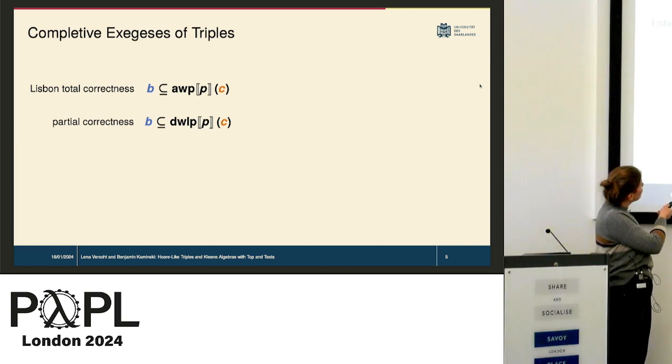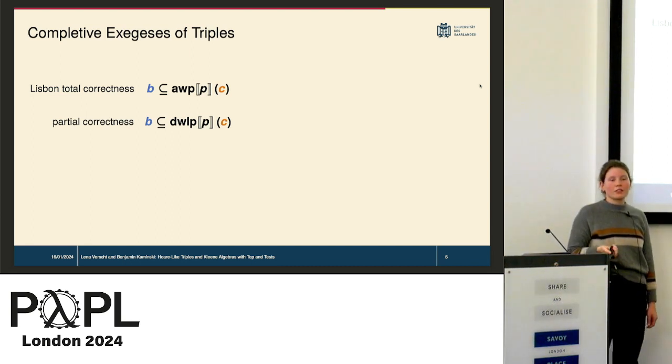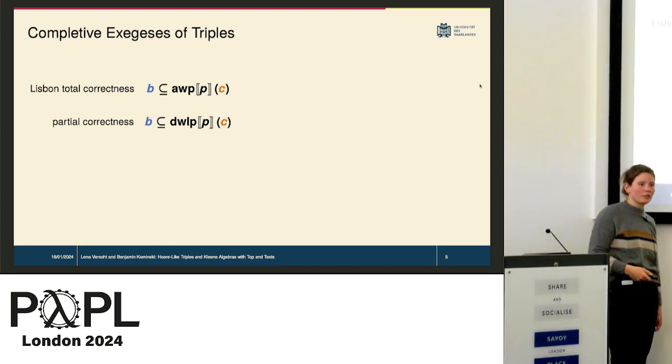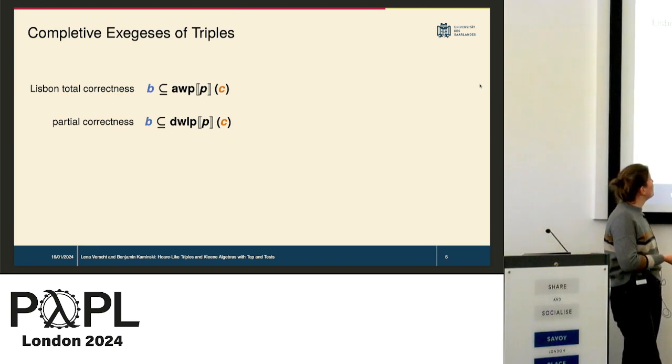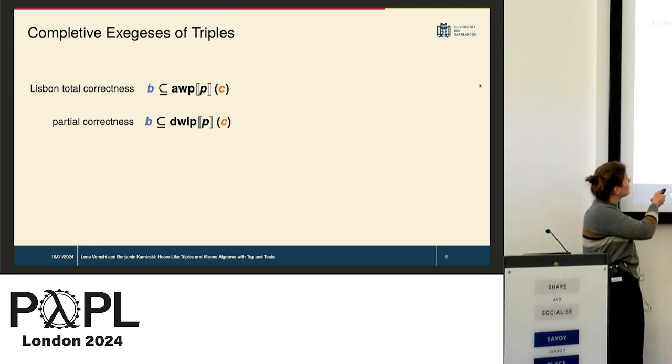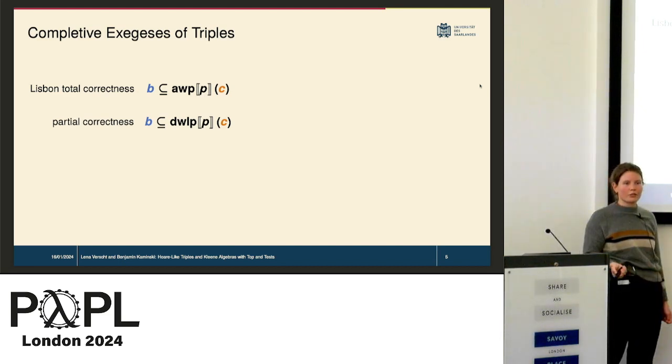One is for total correctness, and since we're using the angelic variant here and not the demonic, this is actually equivalent to what was earlier called Lisbon logic or sufficient incorrectness logic. We also have a triple for partial correctness, but here we're using the demonic resolution, which is the standard choice.